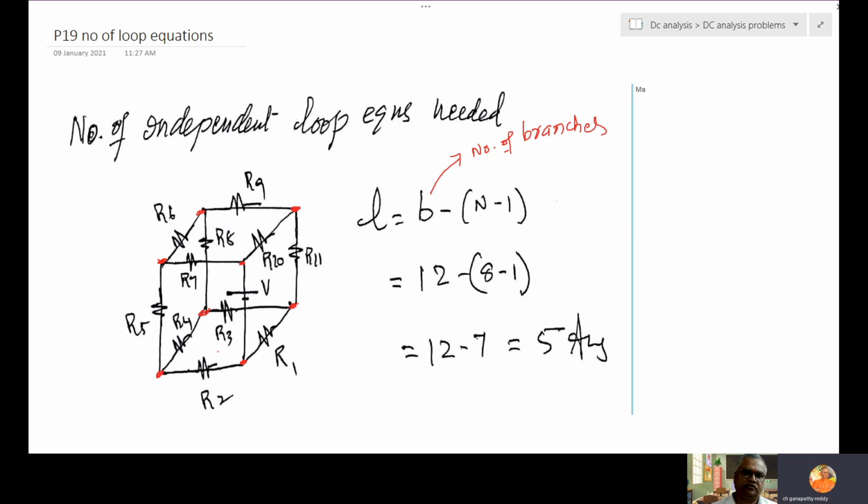Number of branches: 1, 2, 3, 4, 5, 6, 7, 8, 9, 10, 11, 12. So total number of branches are 12. So 12 minus 8 minus 1. L is the number of links.